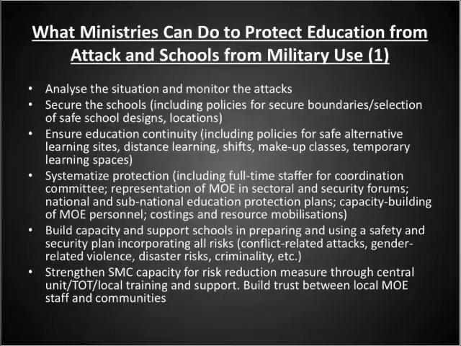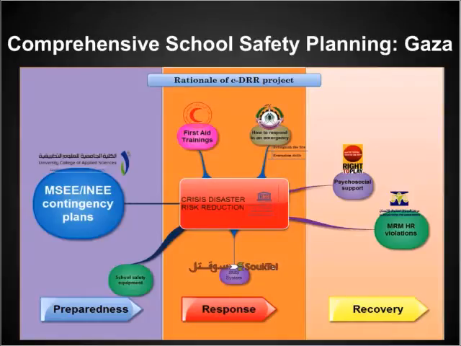So now I'm summarizing the report very quickly from Cynthia Coons on ministry level protection of education from attack. And again, it's fairly obvious from what we've said before that it includes analyzing the situation, securing the schools, whatever measures.